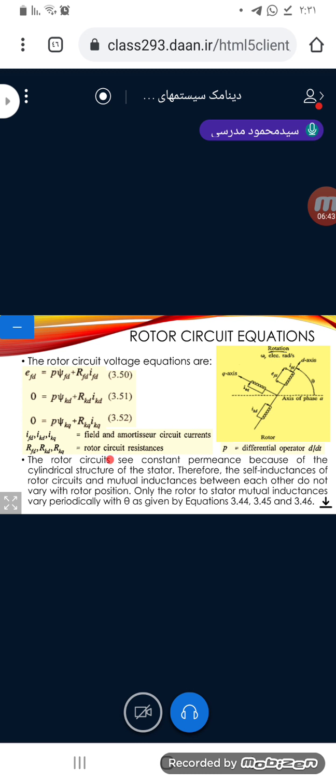So we talked about EFD, which is for the field of the rotor, and that is for damping or amortisseur.